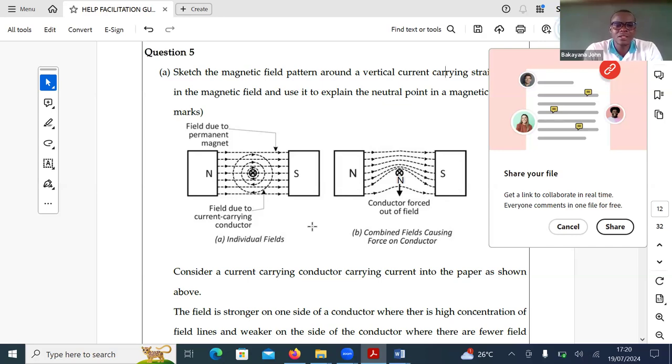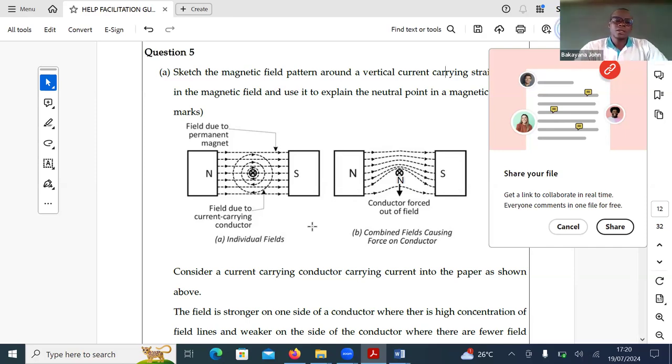You know that. So when current is entering into the paper, what is the direction of the field? The direction of the field is anti-clockwise. And when current is out of the paper, the direction of the field is clockwise.